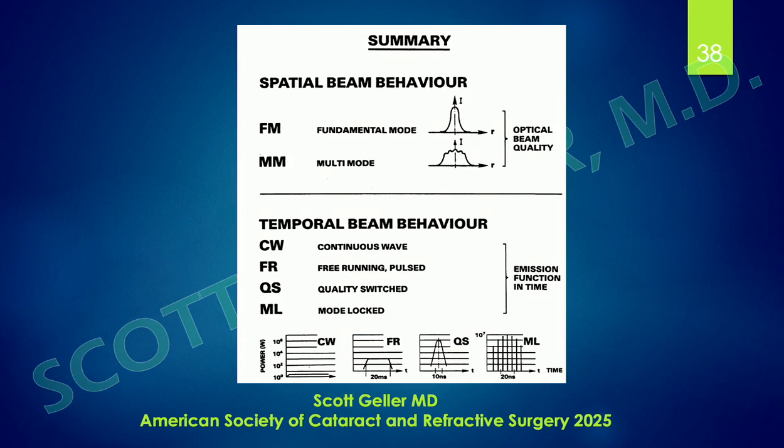In other words, the laser is on, but there is a shutter in there that gives it a time basis. And then there's the Q-switched, which is quality switched with a fundamental, very precise wavefront. And then there's the mode-locked laser, which has a pulse train. We'll go into that in a second.